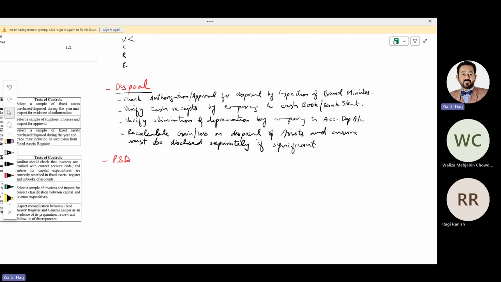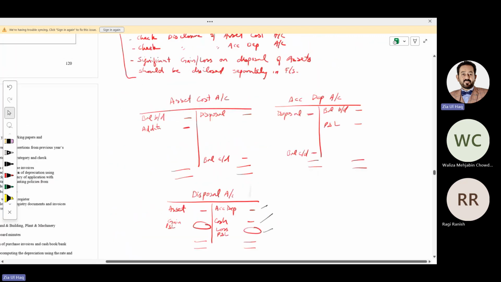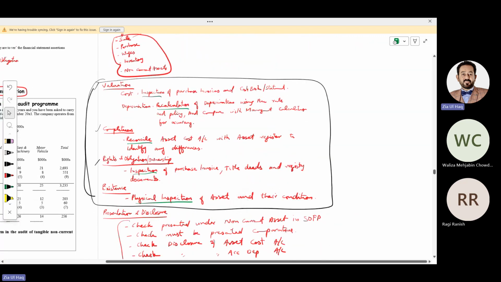Examiner could ask separately, what are the procedures to verify disposal of assets? What are the procedures to verify addition of assets? Or he could ask generally, write down substantive procedures to verify non-current assets, then general means these 5 procedures. Whenever you are writing substantive procedures about any account balance, you can write one analytical procedure: compare current year balances with the previous year to investigate unexpected fluctuations.